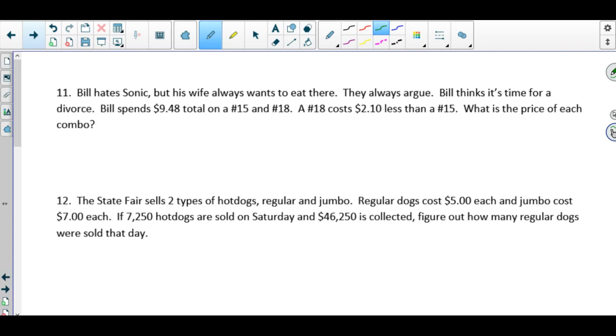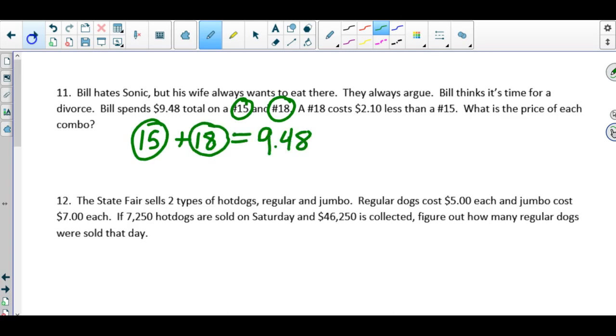So my variables, I'm going to make them the actual 15 and 18 just circled. So I know that's not really letters, but it'll make sense. So a number 15 plus a number 18 is 9.48. That's the first equation. This is not the number 15.